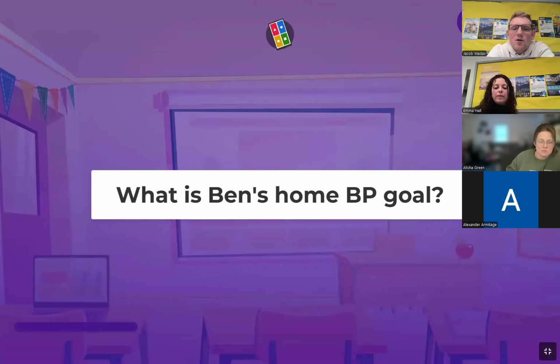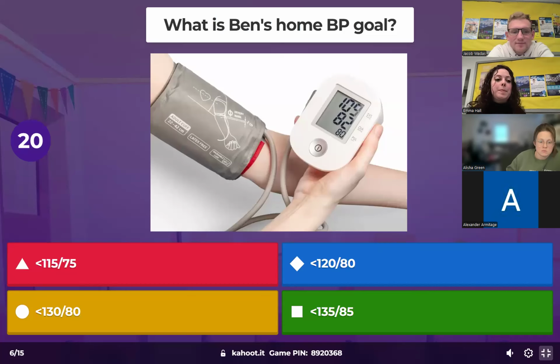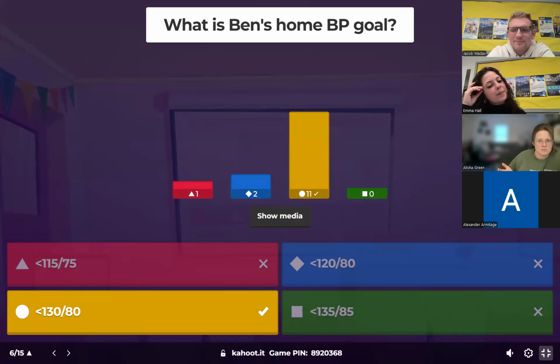All right, what is Ben's home blood pressure goal? Yep, less than 130 over 80. Anytime they ask for a blood pressure goal, it's almost always going to be less than 130 over 80.